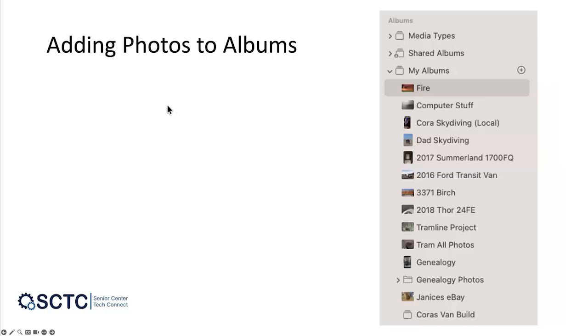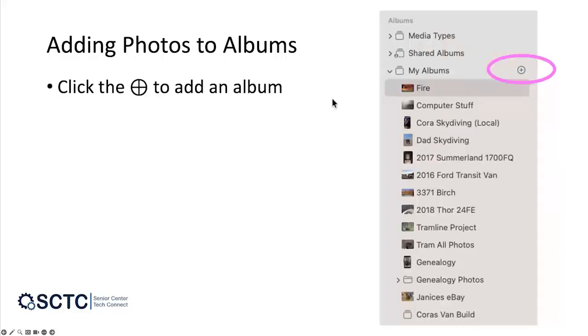So to add photos to albums, you can see here, this is a collection called My Albums. And you can see I've got all kinds of albums here that I have manually created. And then one of those is Fire. When you're in the app, we can demonstrate this stuff.